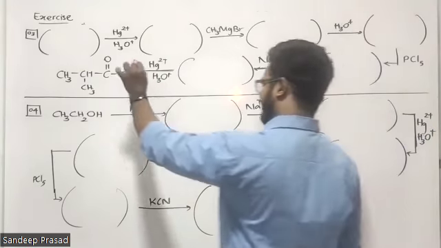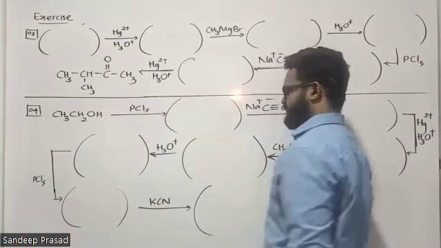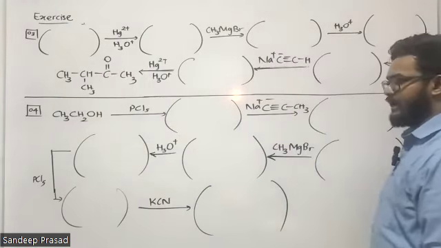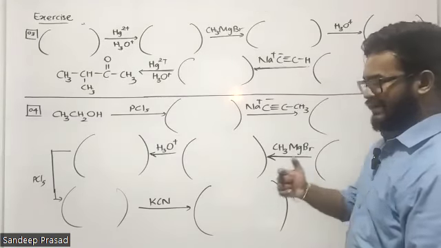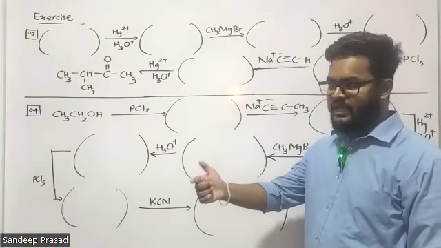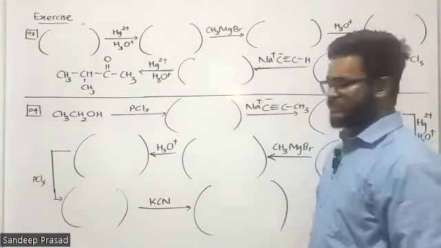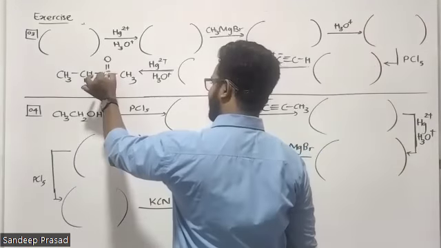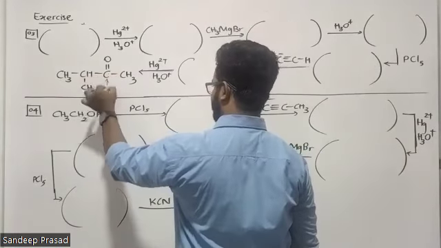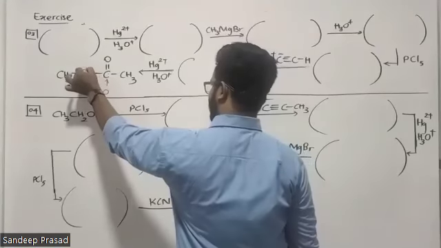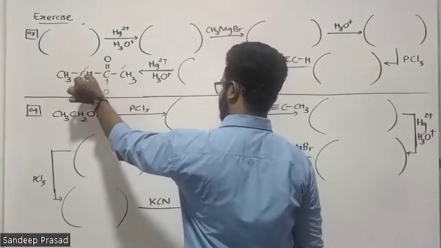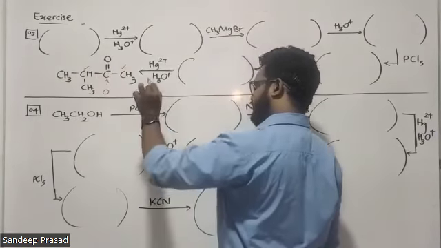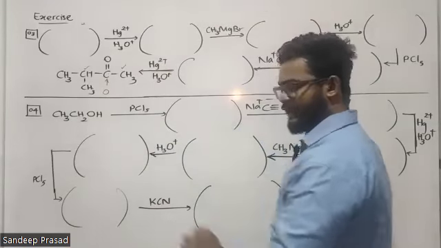Then you know that in the addition of a water molecule, that means in the hydration of alkynes, one carbon atom is taking two hydrogens and the other one is taking oxygen. So you can clearly see that this is the carbon atom that has taken oxygen. Then definitely the neighboring carbon atom, the left hand side one or right hand side one, should take the two hydrogen atoms in that alkyne.